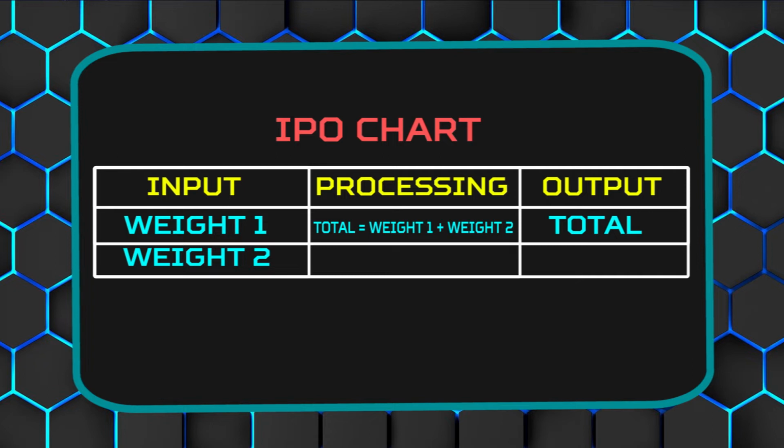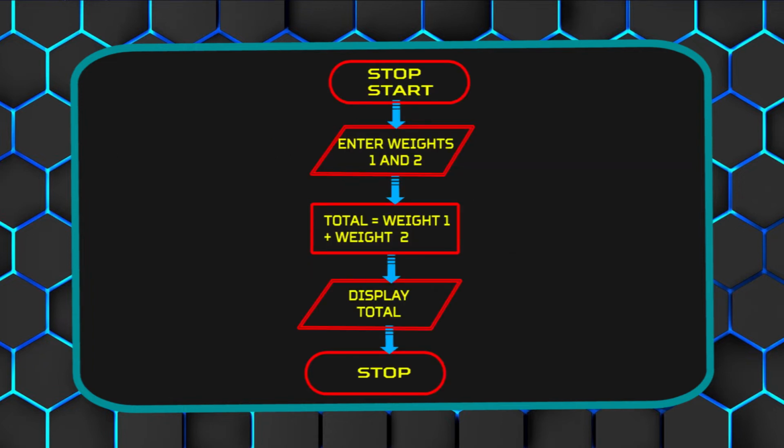Now, if we have a look at the flowchart, we would see the start, enter weights 1 and 2, total equals weight 1 plus weight 2, display total, and stop. So these are just examples of how to use the IPO chart to create a flowchart.